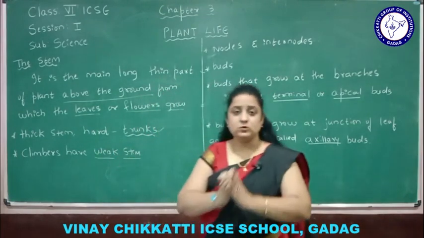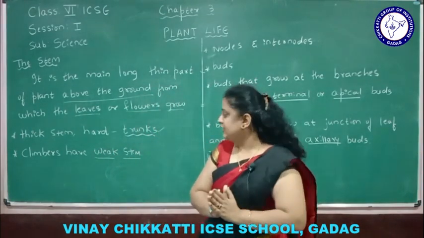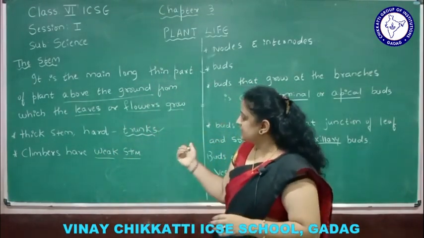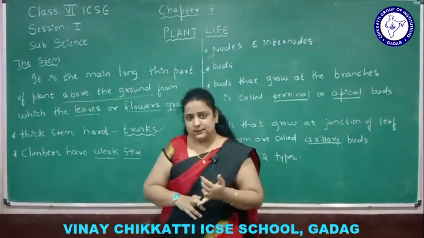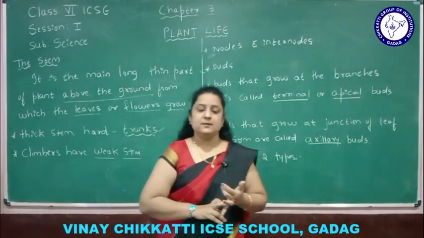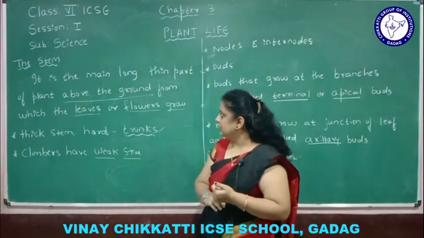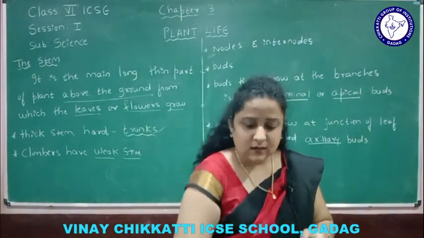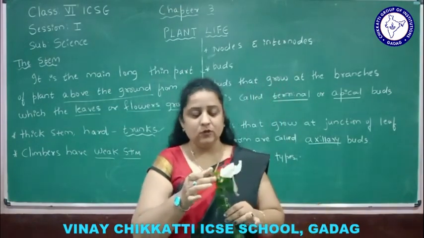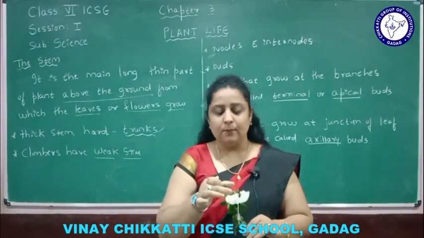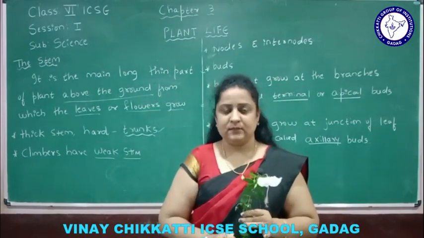Their stem is not so erect. So different types of stems are there. Thick or hard stem is called trunk. Then comes weak stem, soft stem, etc. So stem is the main part of the plant giving rise to flowers, fruits, leaves, buds, etc.